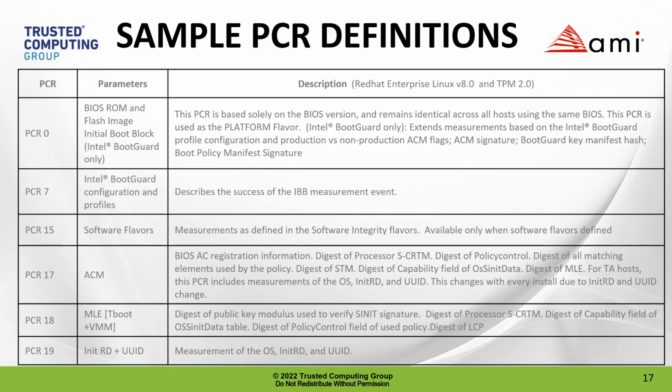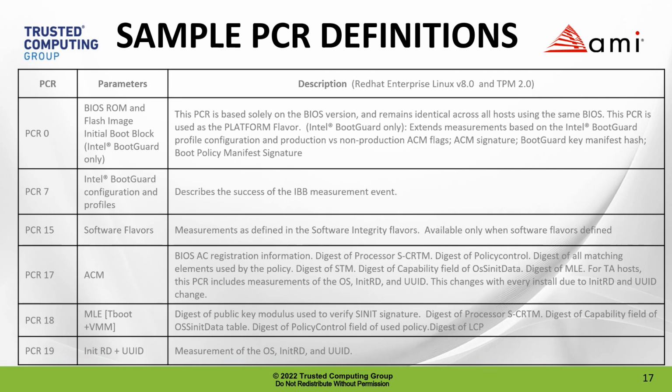Here are some of the PCR definitions as part of the features we have added in the presentation. This information is collected from a Red Hat 8 with TPM 2.0 on an Intel platform. Starting from PCR 0 to PCR 19, these are some of the measurements stored in specific PCR registers. PCR 0 stores the BIOS ROM and flash image if Intel Boot Guard is available.